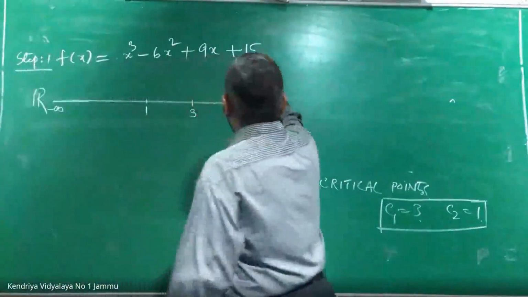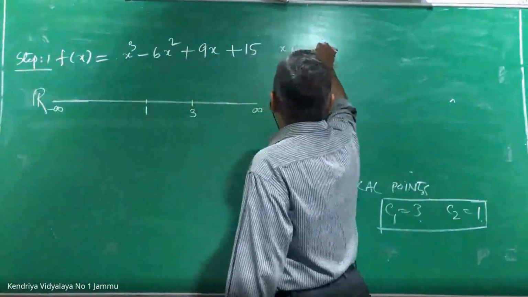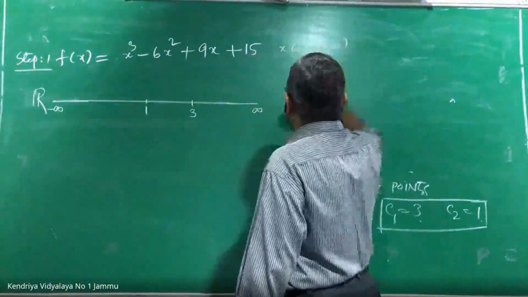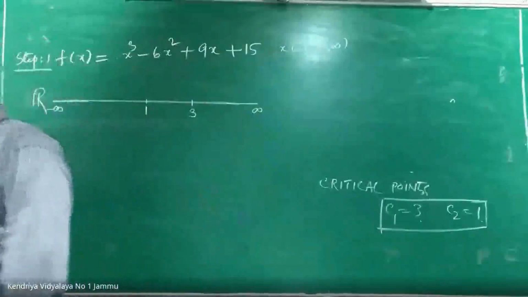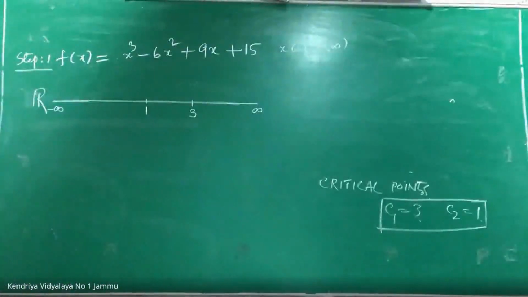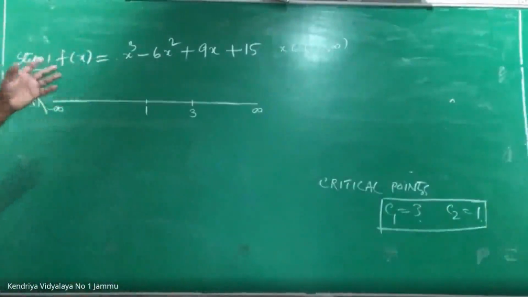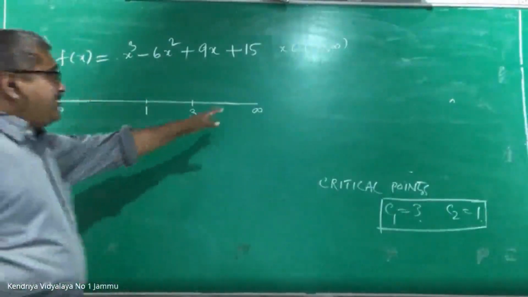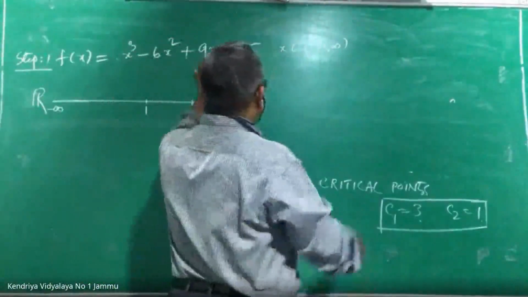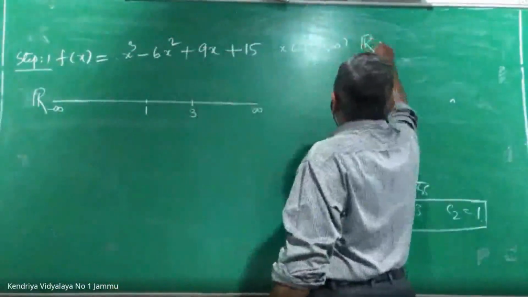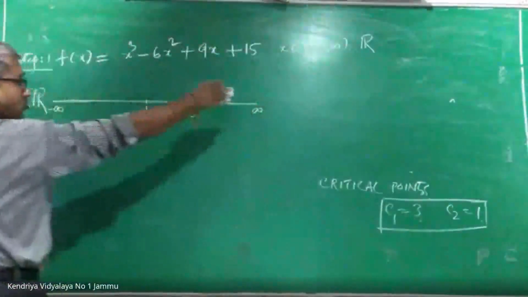Because x belongs to minus infinity to plus infinity. It always exists for every value of x. The polynomial's domain is always capital R. So I have taken the biggest domain possible.